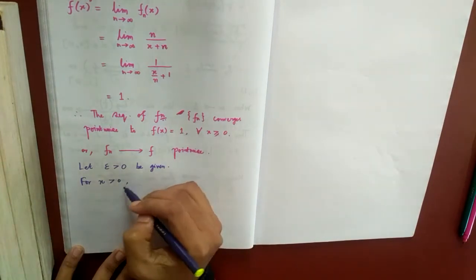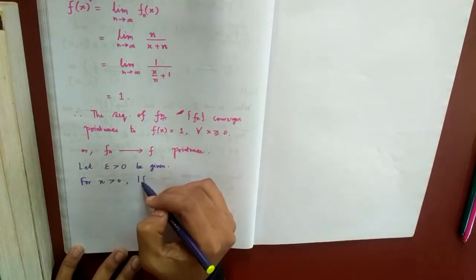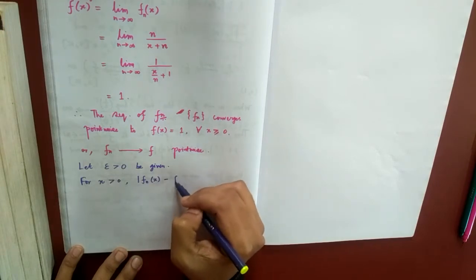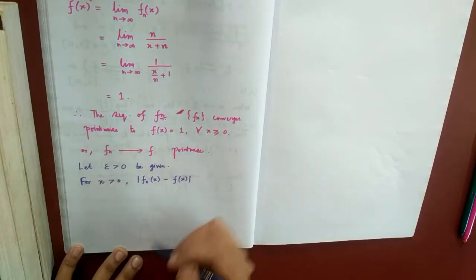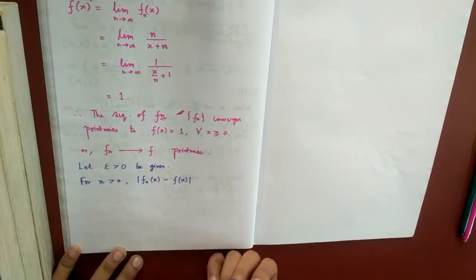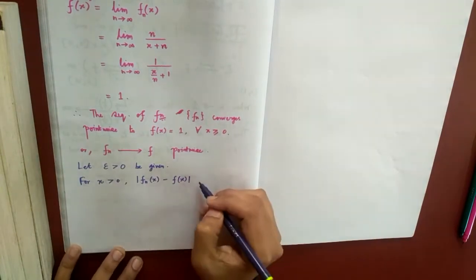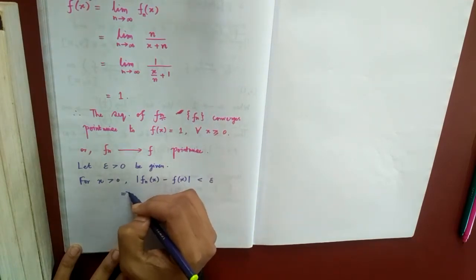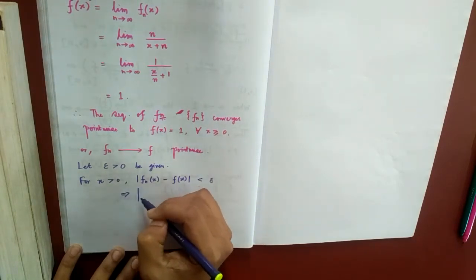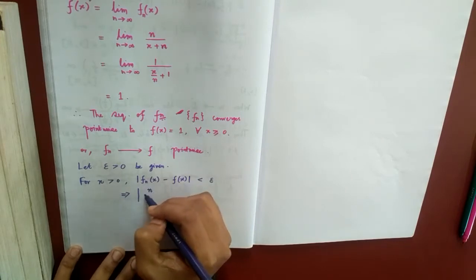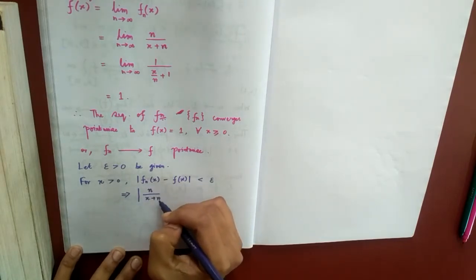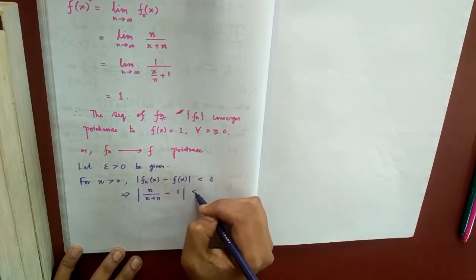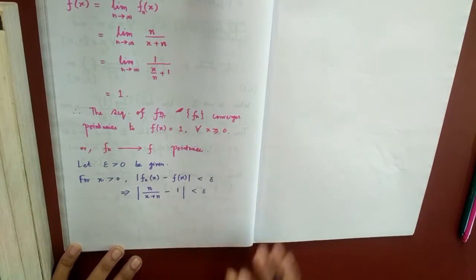So for x greater than 0, |f_n(x) minus f(x)|, I am taking this as less than epsilon. If this is less than epsilon, that will imply, what is f_n(x)? It was n by x plus n, minus f(x) being 1, this is less than epsilon, right?